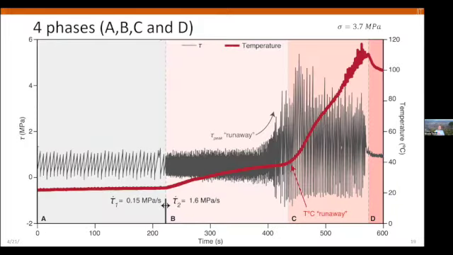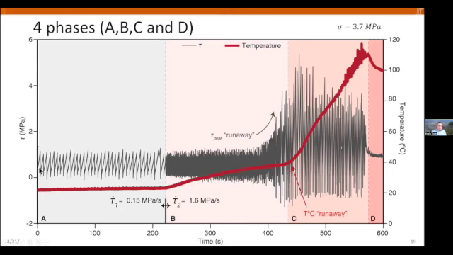Okay, this is a typical experiment which lasts 10 minutes, in which we had several long distance stick slip events. You see here the shear stress. If you divide this number here by 3.7, which is the normal stress, you will obtain the friction coefficient.